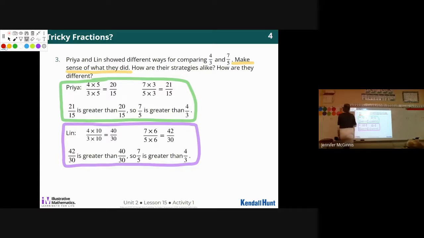Their ultimate goal is this. This is what they're trying to do right here: 4/3 and 7/5. How are they getting there? What are they doing? Make sense of what they're doing.